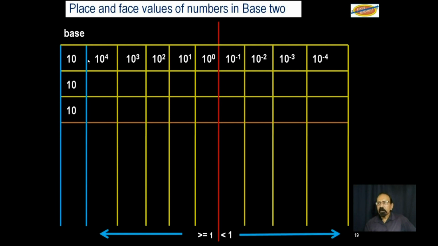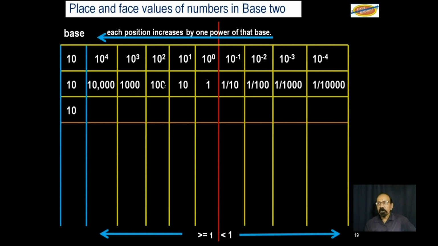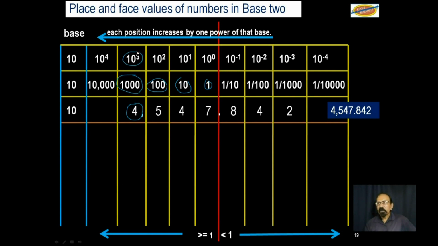Base 10, we saw that a little while ago, but now we will put in the numbers 1, 10, 100, and so on. So if you have a number like 4,547.842, notice this 4 is in the 1,000 position, which is the same as 10 to the 3rd. So its place value, that 4, its place value is the 1,000 place. And what is its face value?